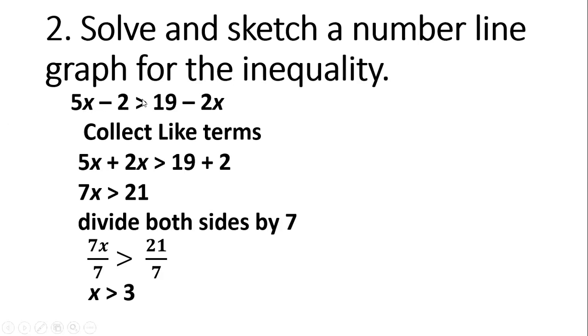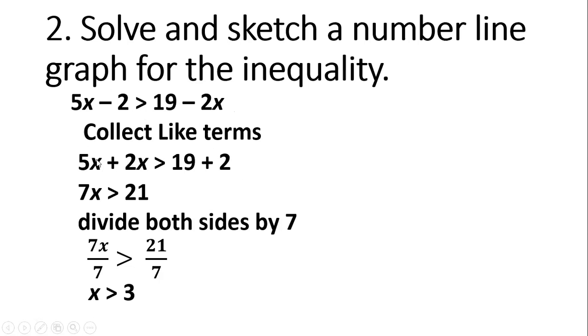We collect the like terms, making the terms with x to be on one side and the numbers on the other side. When minus 2x moves over the inequality sign, it changes to plus 2x. The same thing with minus 2: when you move it to the other side of the inequality, it changes to plus.